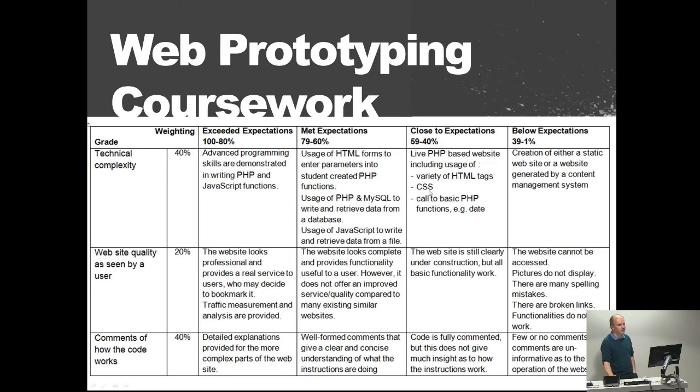If you have live code where you did a very good job in HTML, very good job in CSS, and you use a bit of basic PHP functions like the dates, it's the start of being dynamic, but not very advanced.